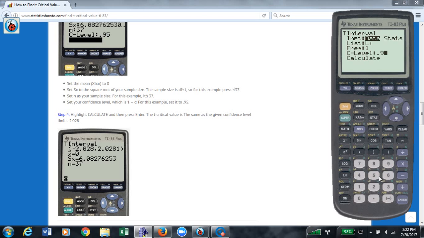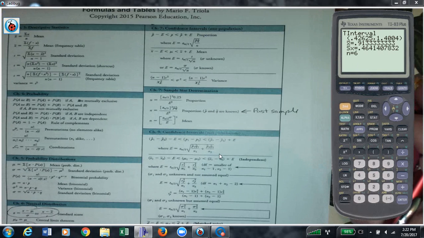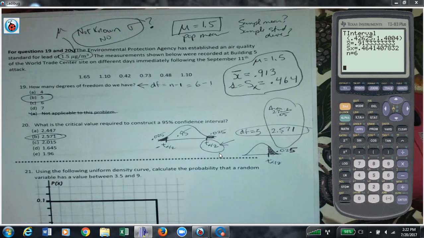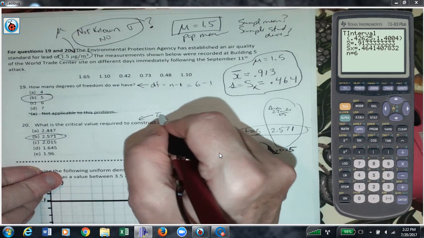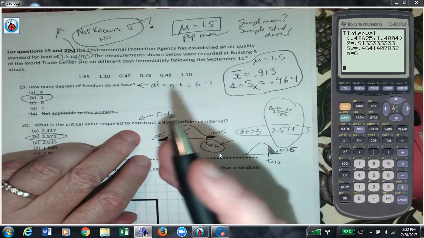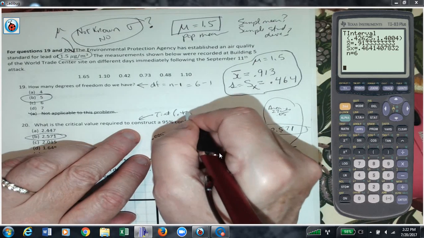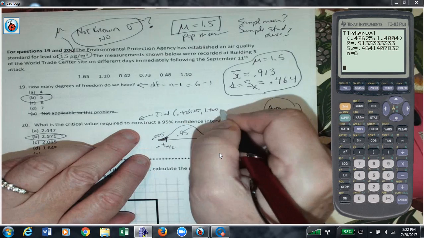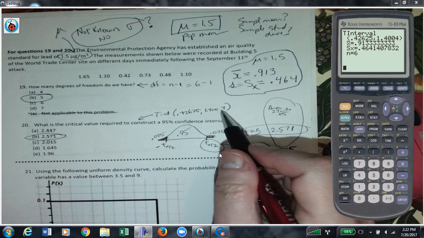So here we had 95%, and then you have to calculate. When you do that, that's going to give you your interval. So our t-interval is this. It's going to be a lot easier to use the chart.